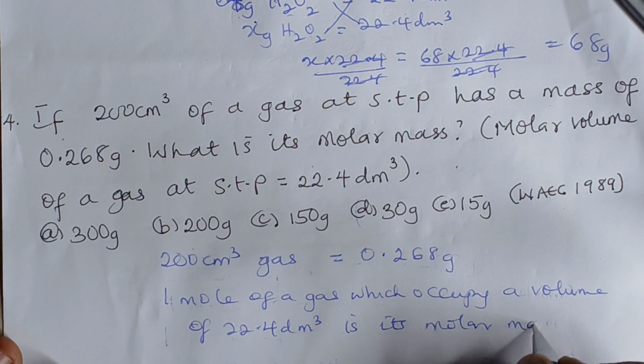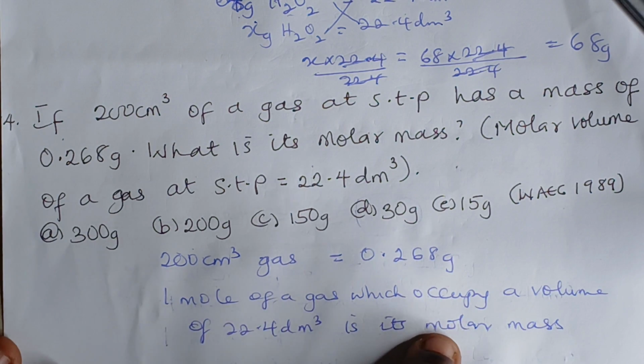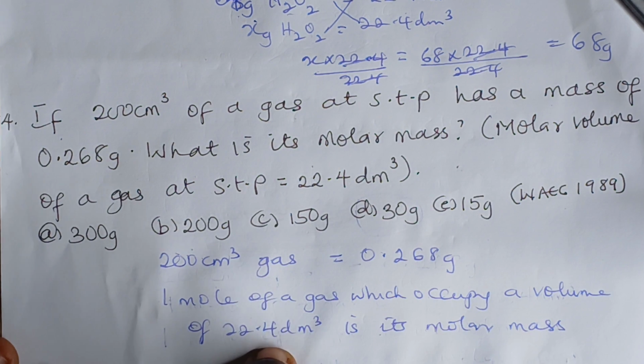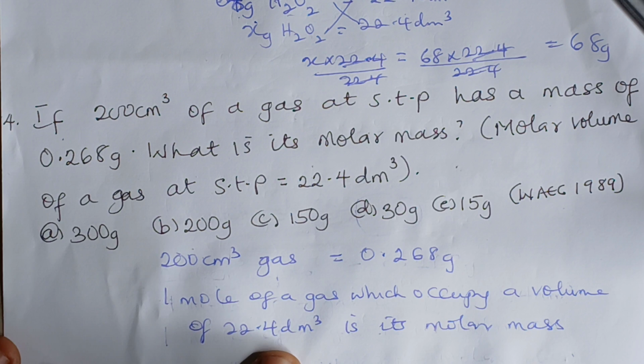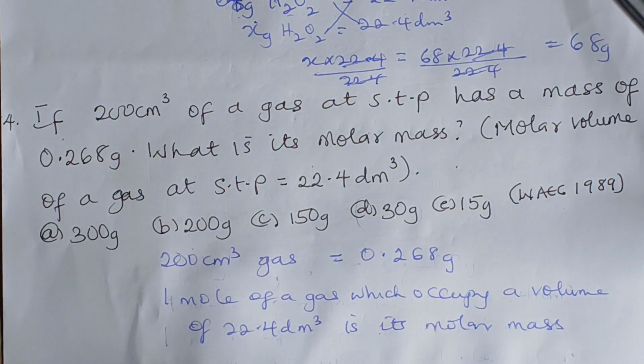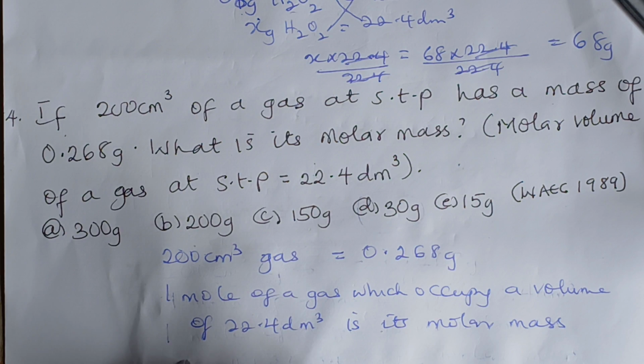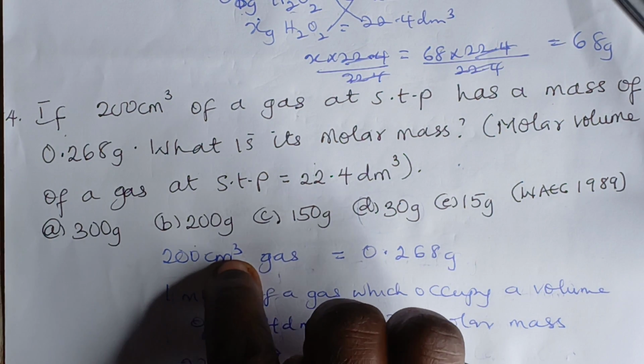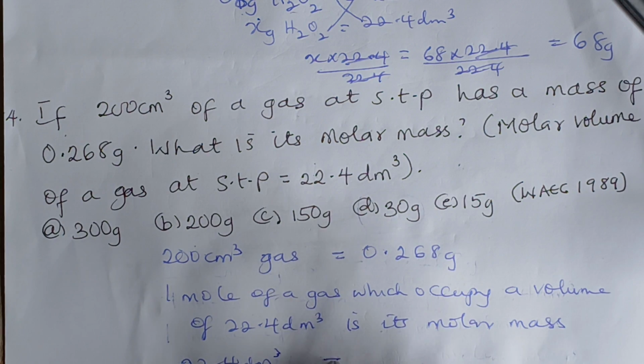That is, what I'm trying to say here is that 1 mole of a gas is its molar mass. So since we are working with mass and volume, 1 mole of a gas occupies 22.4 dm cube, and 1 mole of a gas is its molar mass. So I can say that 22.4 dm cube. Why did I write that first? Because volume is also here. It is equal to the molar mass of that gas.